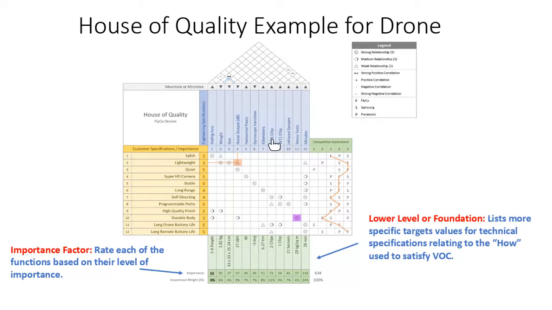Now here they convert them to technical specifications. For stylish, they refer to it as a styling jury. For lightweight, the technical specification is the weight itself. For quiet, they didn't specify this. They said the size, which maybe refers to the lightweight again.